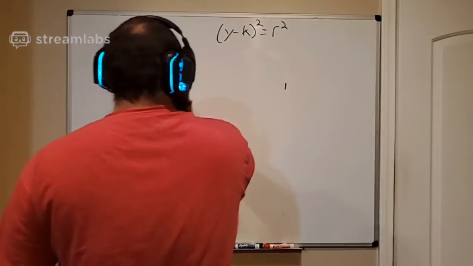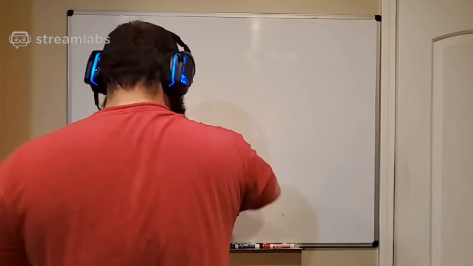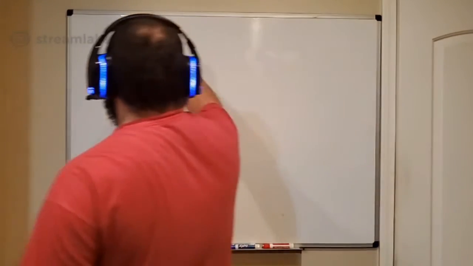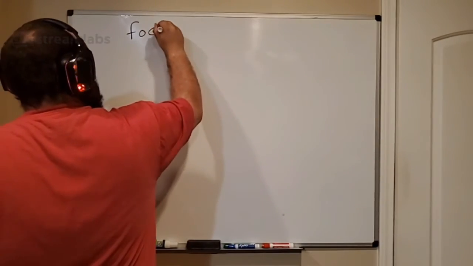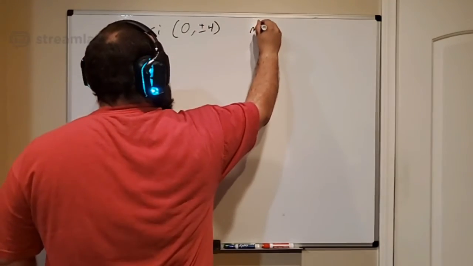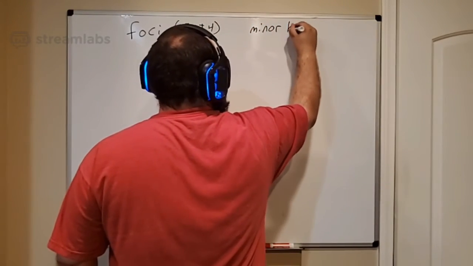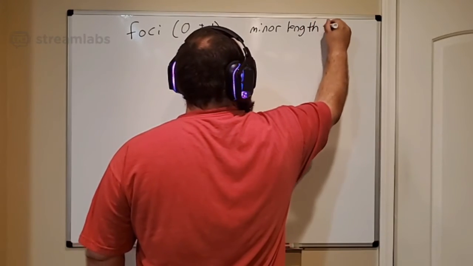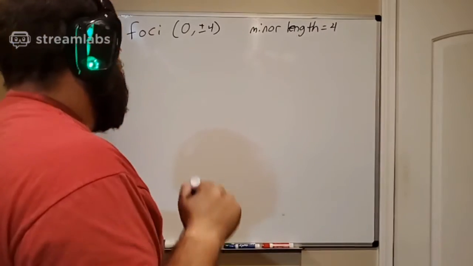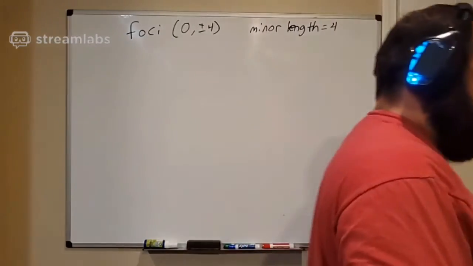So it tells us the foci are at 0, minor is length 4. Alright, so the problem tells us that it has foci at 0 plus or minus 4, and the minor axis length is 4.